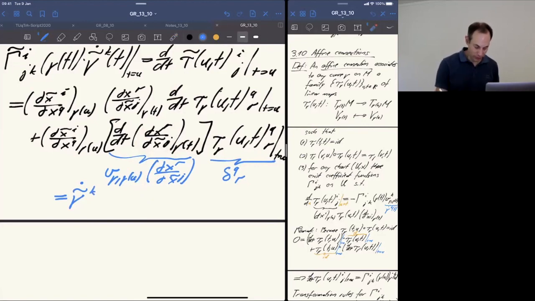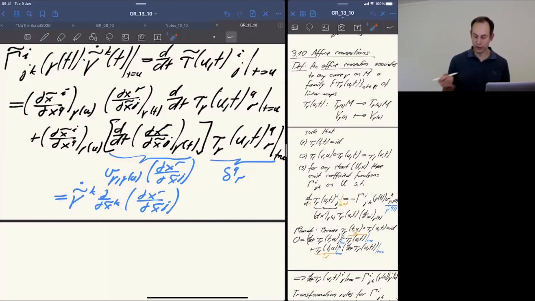And now I need to put the basis, d to the dx tilde k, and then dx r dx tilde j. So you see this part was just rewritten in this expansion using the notation we introduced. That's really just a vector in the direction of the curve.